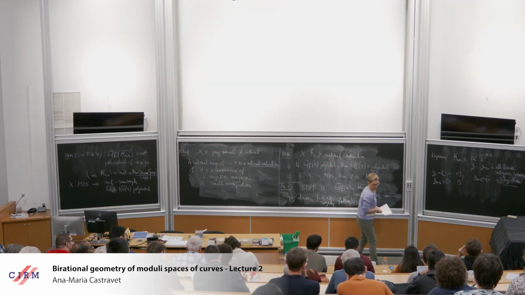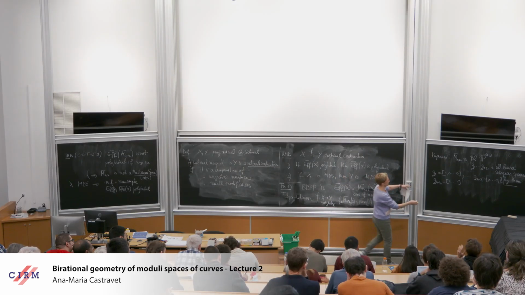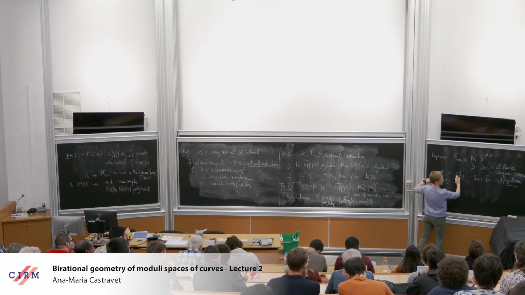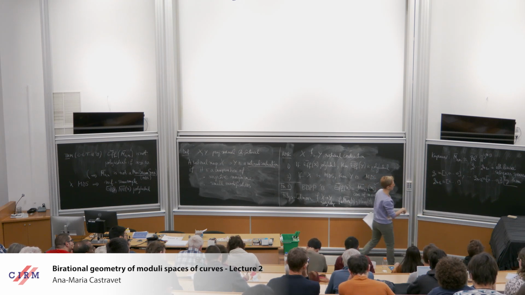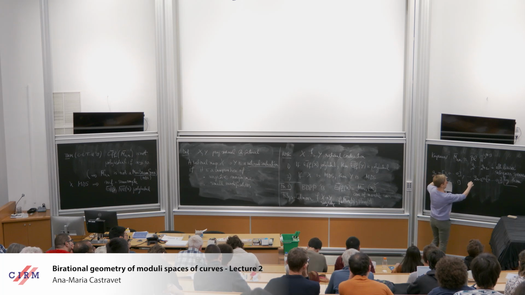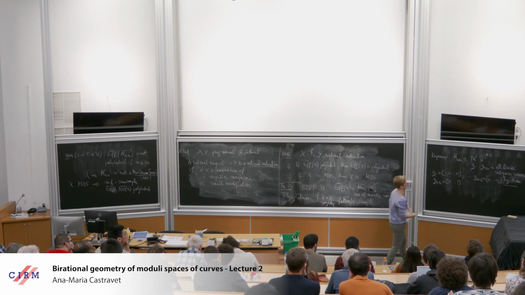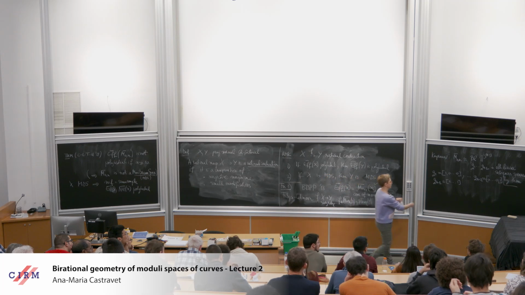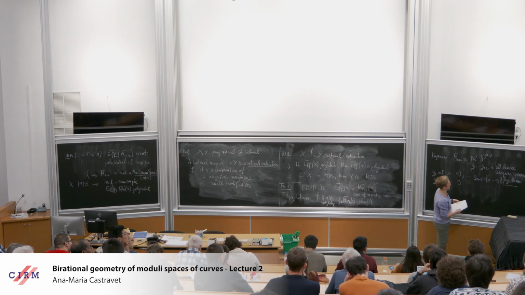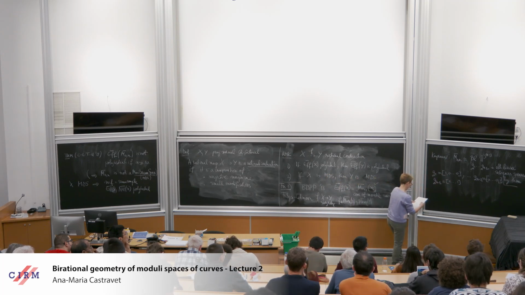And now you can notice that up to here, these are actually the torus invariant points of a projective space. And in fact, when you blow up a toric variety along torus invariant points, you still get a toric variety. And if you keep blowing up torus invariant strata, this remains toric.